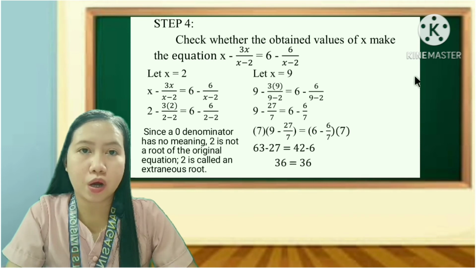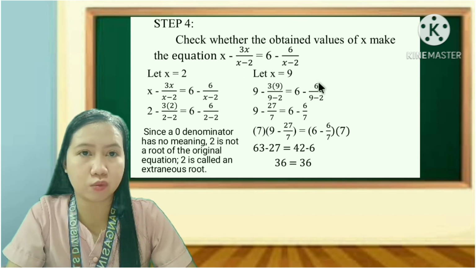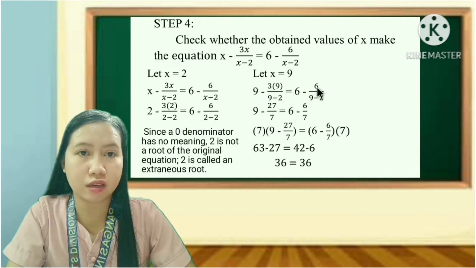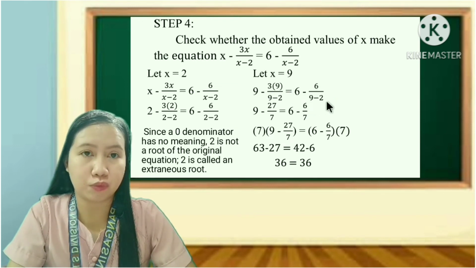Let's now take a look at the other one. Let x be equal to 9. So let's substitute all the x here with 9. So this will be now the outcome. 9 minus 3 times 9 over 9 minus 2 is equal to 6 minus 6 over 9 minus 2.